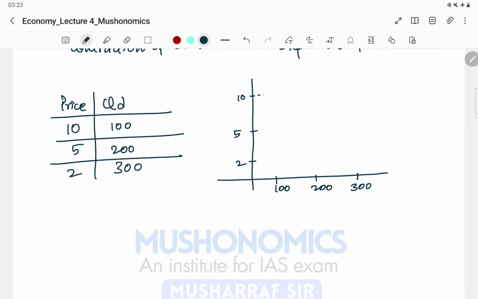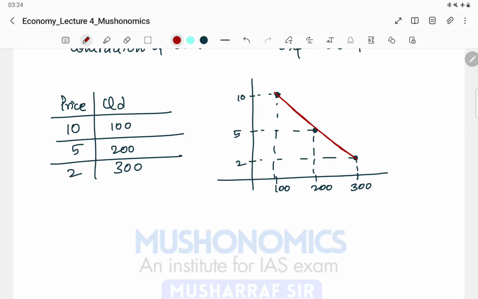So my first point will be this, my second point will be this, and my third point will be this. So I have drawn a demand curve like this.